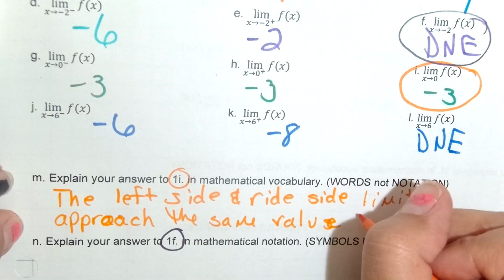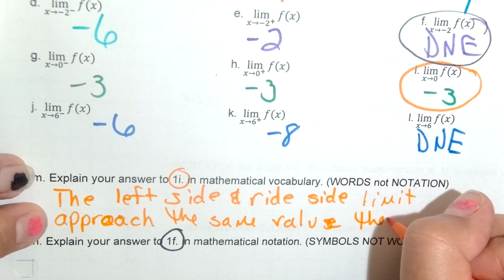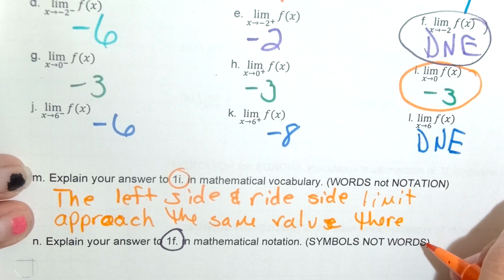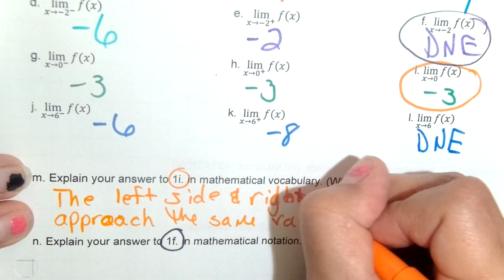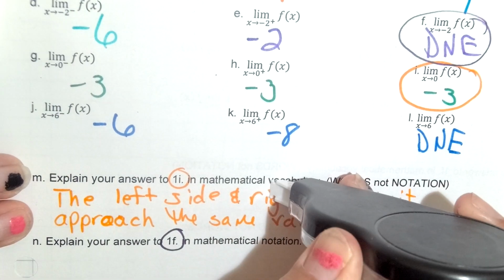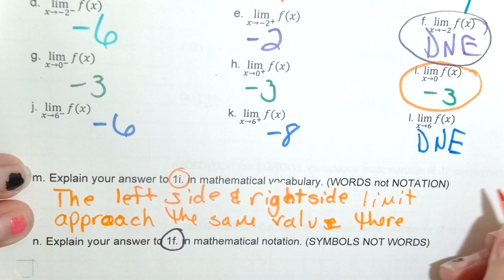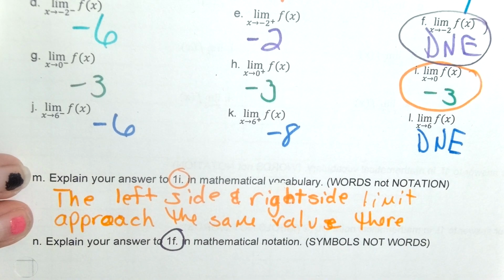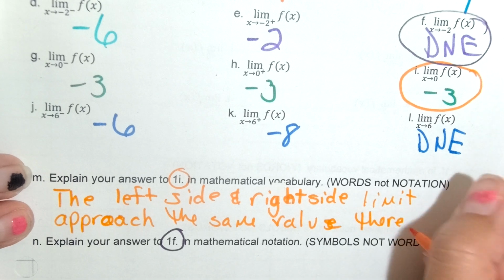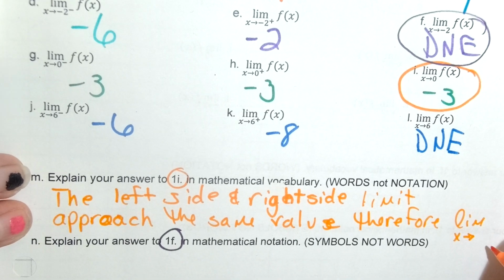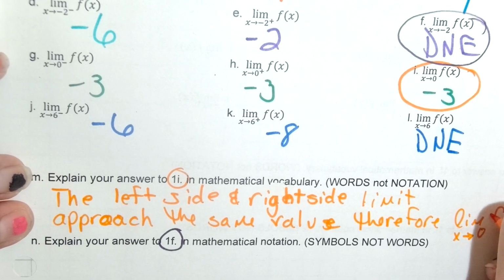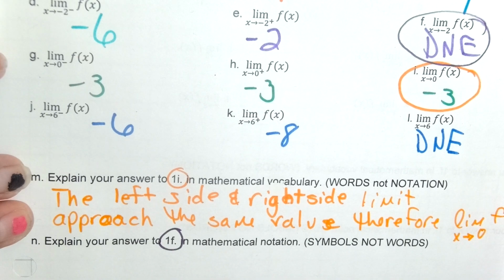Therefore, the limit as x approaches 0 of f of x is equal to negative 3.